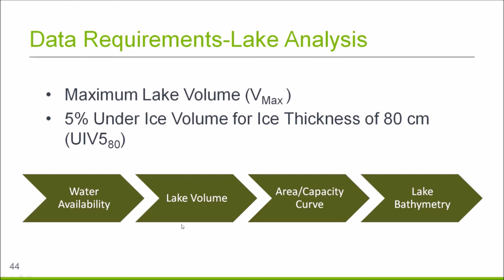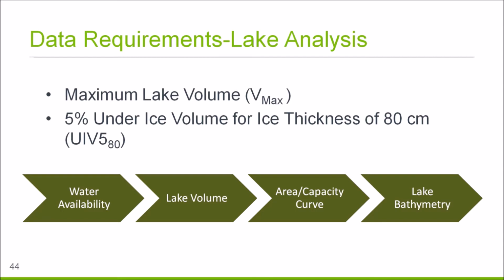Lake volume is usually provided in terms of area capacity curves. Area capacity curves are a set of curves that show how the volume and surface area of a lake change with elevation. In order to find out the area capacity curves, we do need lake bathymetry. So that's one thing.